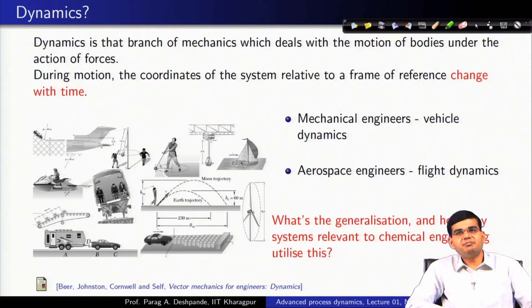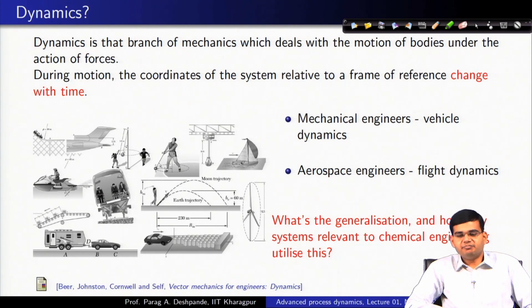The term dynamics refers to that branch of mechanics which deals with the motion of bodies under the action of forces. So, what is the keyword here? The keyword is that the motion of the bodies takes place and the coordinates of the bodies change with time. So, the keyword is change with time.